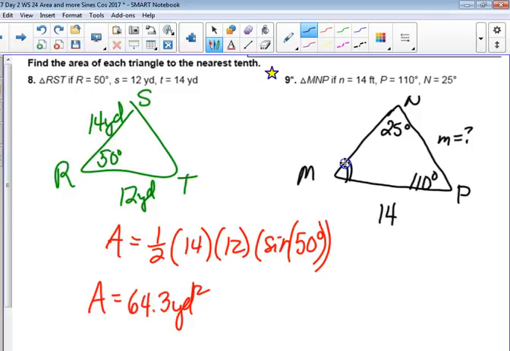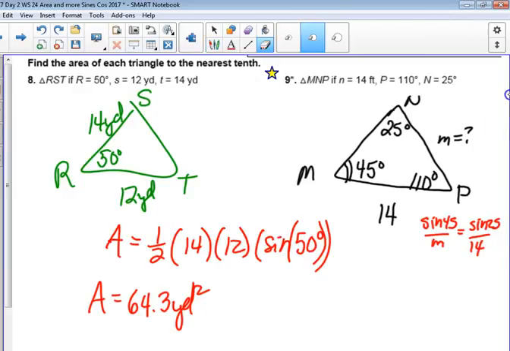That's not too tricky. 180 minus 135, is that right? 45 degrees at M. Now we can find side M by sine of 45 is across from M, in the same way sine of 25 is across from 14.